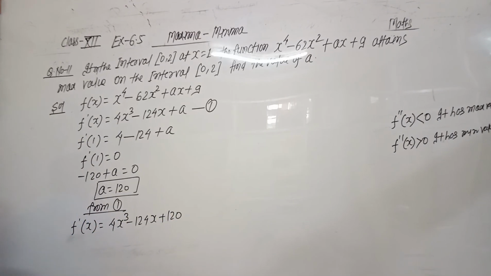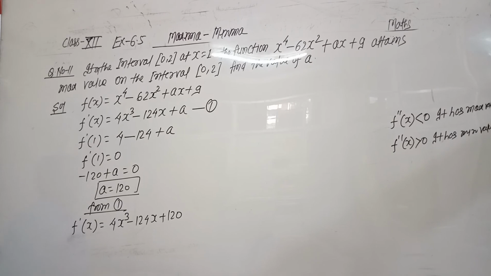So f double dash x comes to be 12x square minus 124.